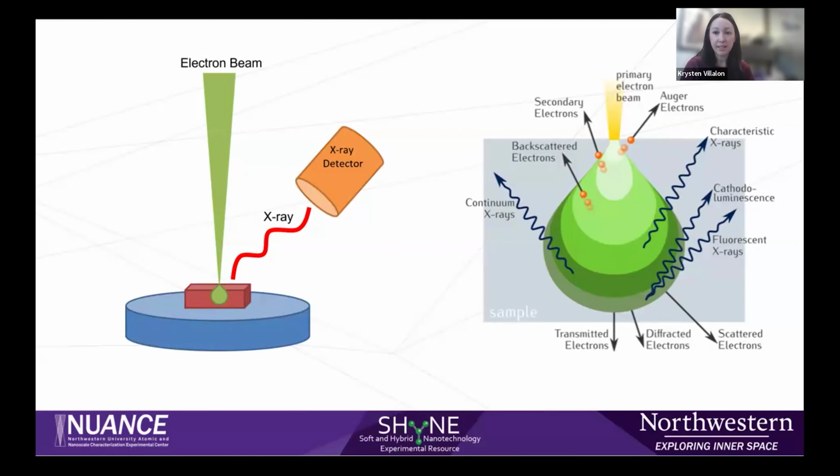Notably, the secondary electrons that are released are what we use for our primary imaging mode in an SEM. It gives us topographical textural information. We also get backscattered electrons, which gives you compositional contrast. And then we have X-rays, which is the topic of today. And those X-rays help us determine the chemical composition of our sample.